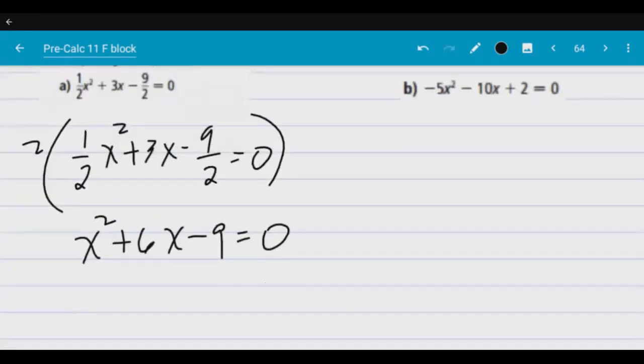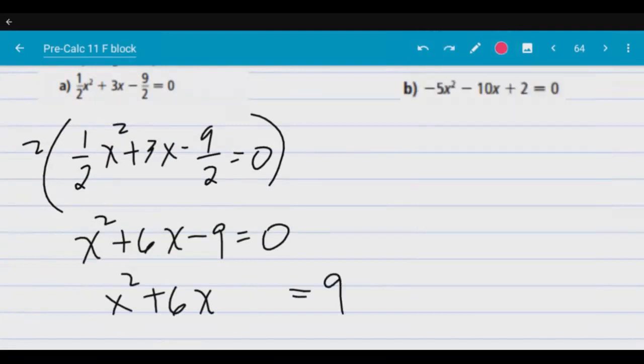Do not assume that this trinomial is a perfect square because x squared plus 6x usually appears to be a trinomial that may be completed by adding 9. If this was a plus 9, then it's a perfect square trinomial, but it's a minus 9. So what I wanted to do is move that 9, or negative 9, to the other side, makes it positive 9. So how do we complete this square here?